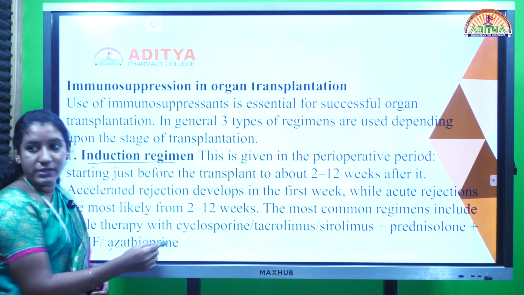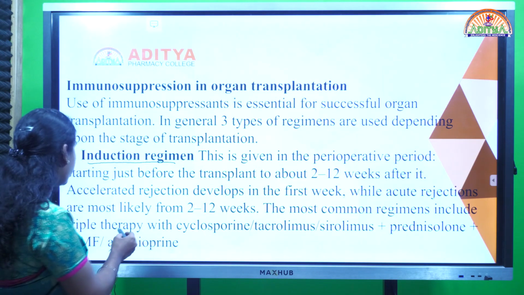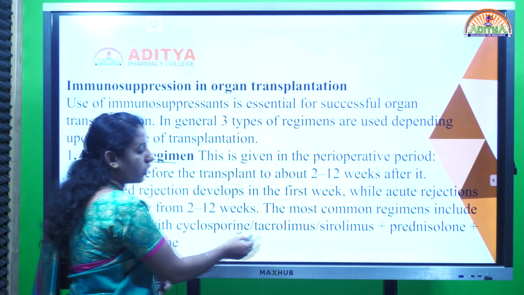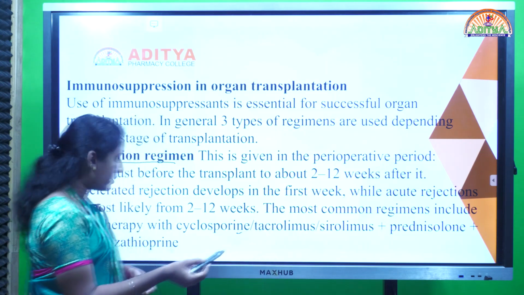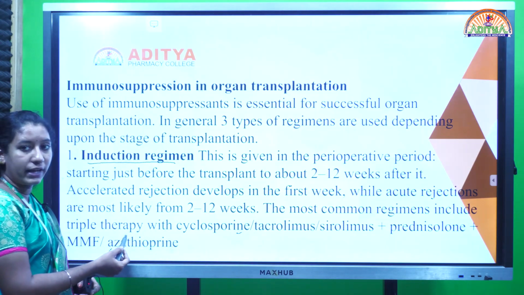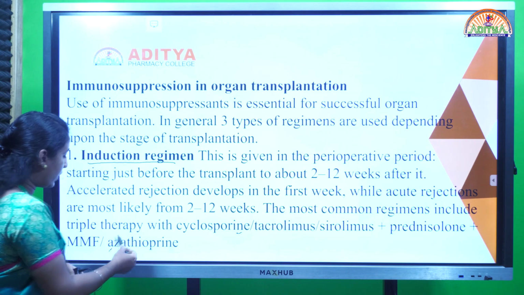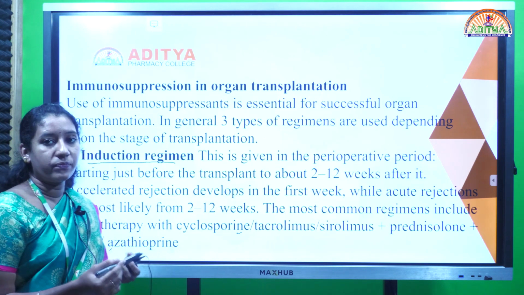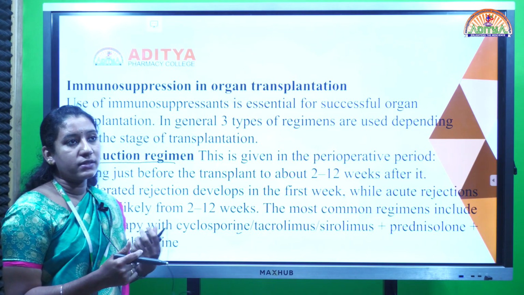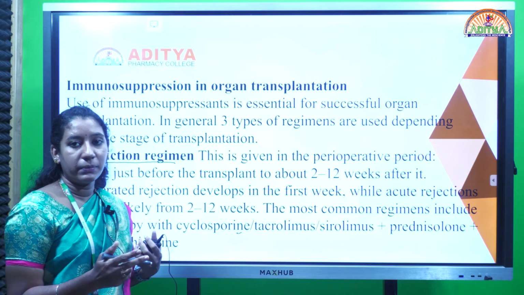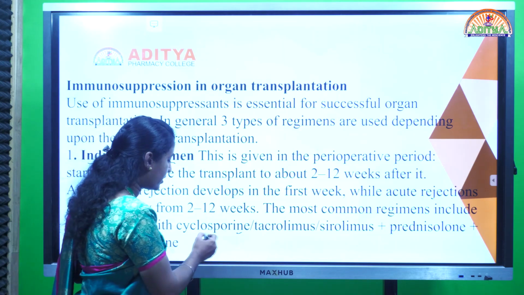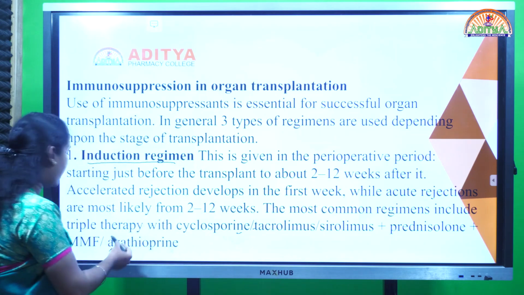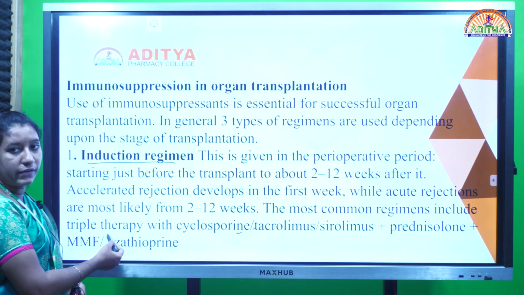Coming to the common regimen, it can be given as a triple therapy like cyclosporin or tacrolimus or sirolimus with prednisolone, and mycophenolate mofetil or azathioprine. So the induction regimen includes a triple therapy with a drug combination like cyclosporin, tacrolimus or sirolimus along with prednisolone, and another one, azathioprine or mycophenolate mofetil.